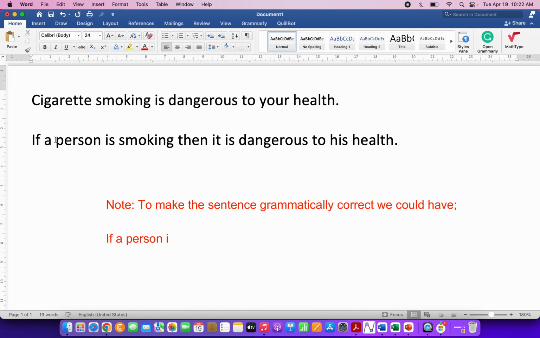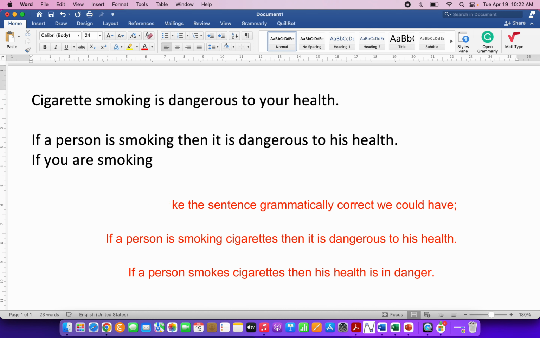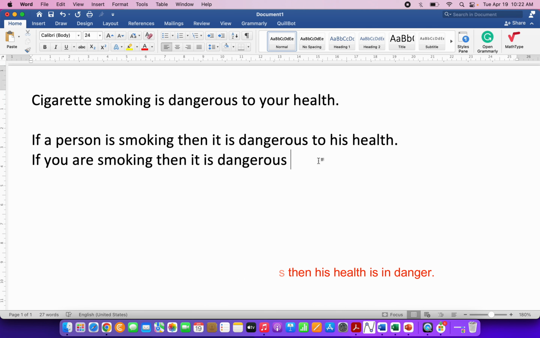So aside from a person actually, we can use if you are. Okay? We can use if you are smoking, then it is dangerous to your health.